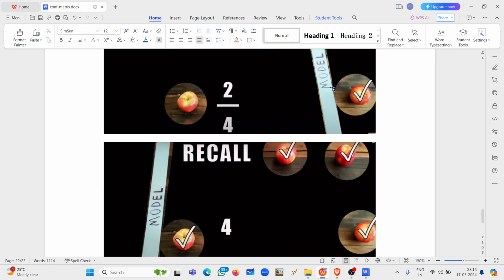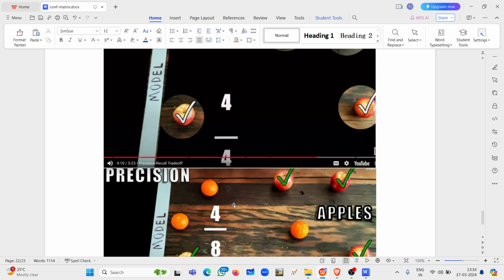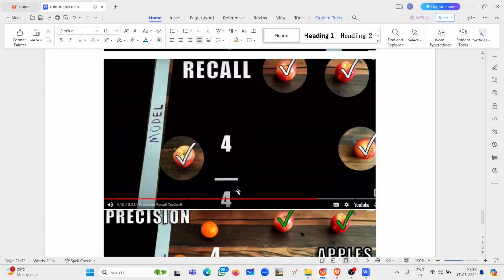Now suppose the model is shifted here, based on the threshold. On the right hand side there are 4 apples and 4 apples are predicted. So 4 by 4, precision is 100%, right?